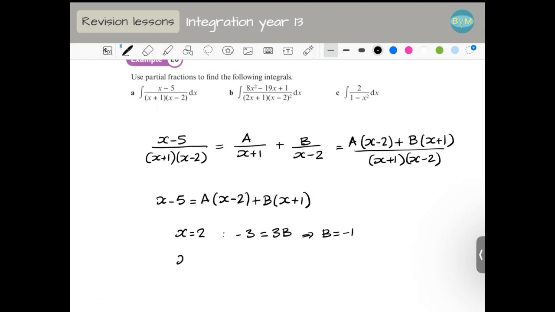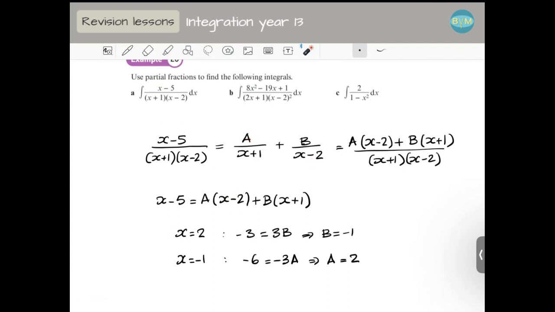If I substitute x by minus 1 to make this bracket 0, I have minus 1 minus 5, minus 6, equal to minus 1 minus 2, minus 3a, which means a is 2. Once I have that, this integral is 2 divided by x plus 1 minus 1 divided by x minus 2.